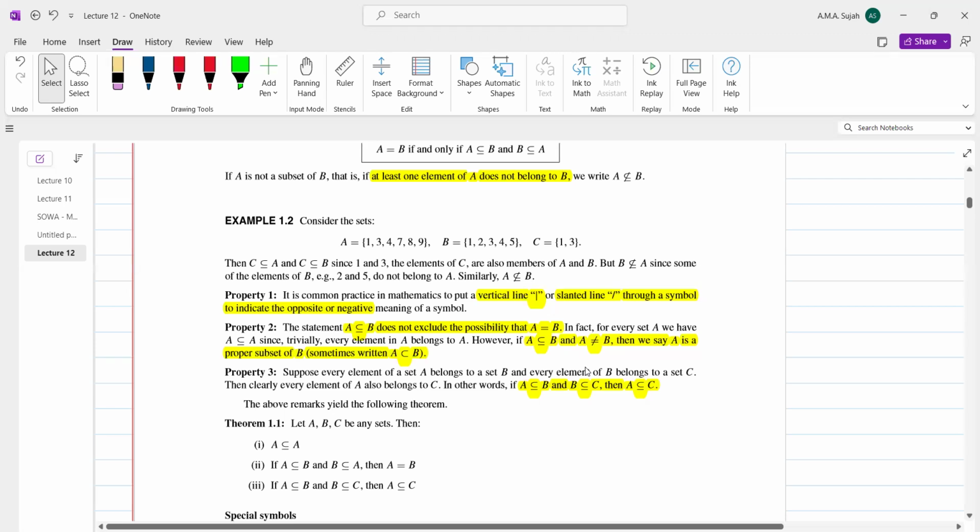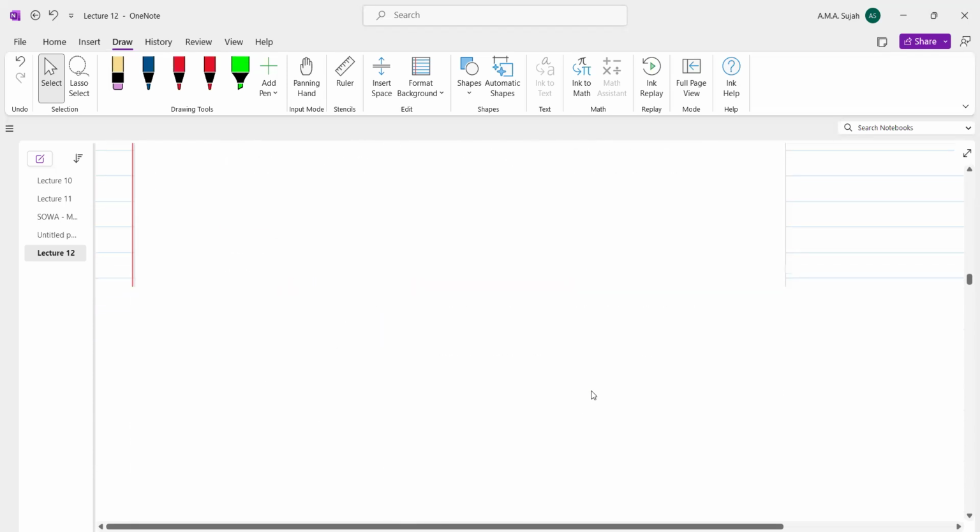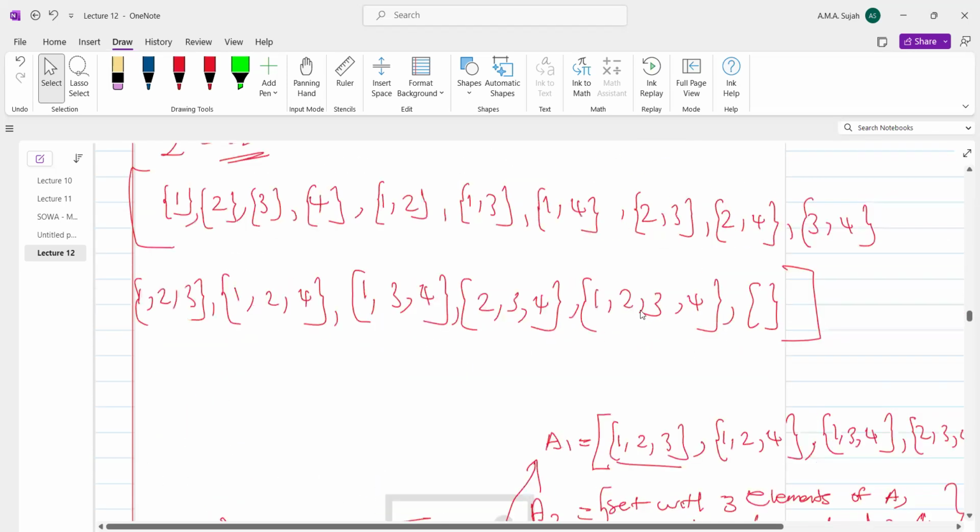To prove proper subset, first you need to prove it is a subset, then you can say A is not equal to B. Then we can say that is a proper subset. Likewise, you can check with all the questions.